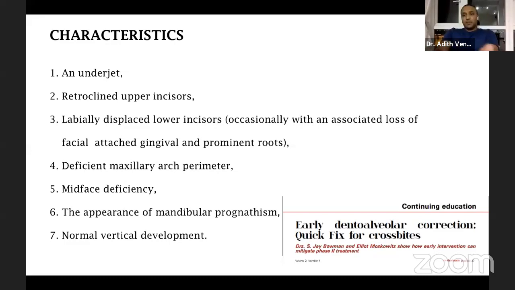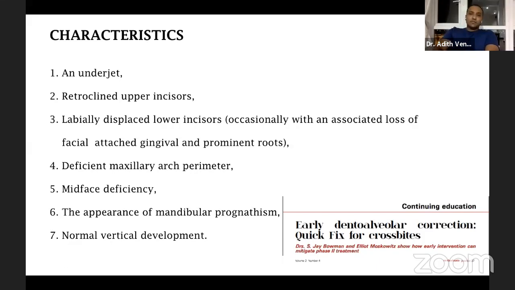On maximum mouth opening, you will find that the mandible guides itself towards the facial midline, and his midlines are coincident with the facial midline. But if the midline is not coincident even on maximum mouth opening, that is a very good indication that the pseudo class 3 has probably progressed into a full-blown skeletal class 3, with one side of the mandible overgrown compared to the other, and that's why it's not able to shift back.